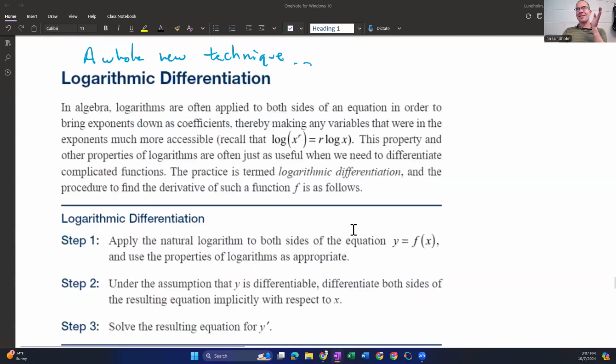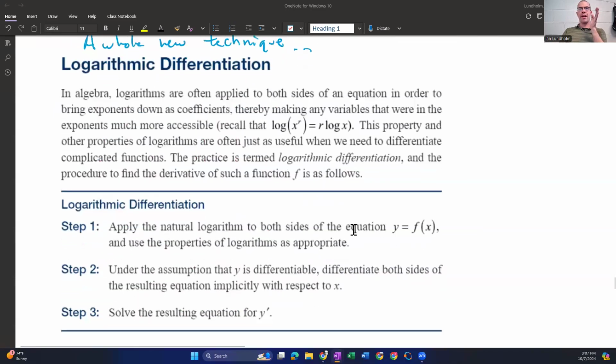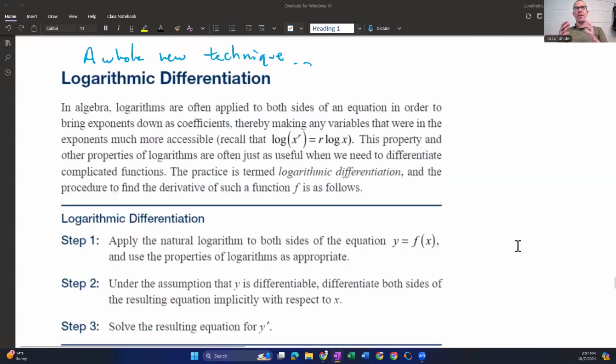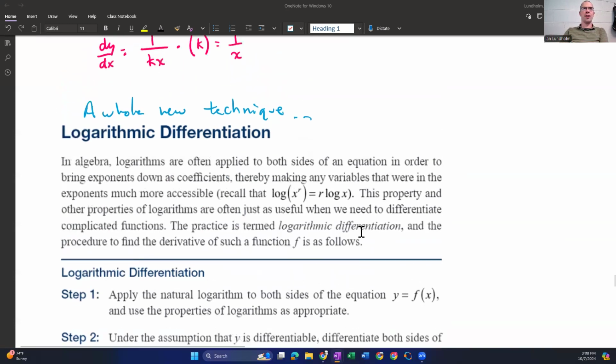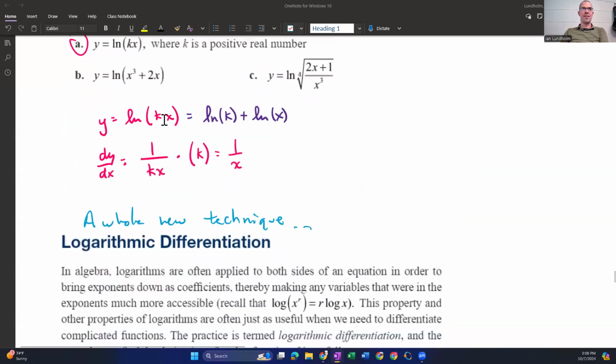Okay. Last major technique, we're going to look at logarithmic differentiation. This is helpful when you see a whole bunch of powers in what you're taking the derivative of. Properties of logarithms are nice because they can take powers and turn them into multiplication, or they can turn multiplication on the inside of an argument into addition on the outside.